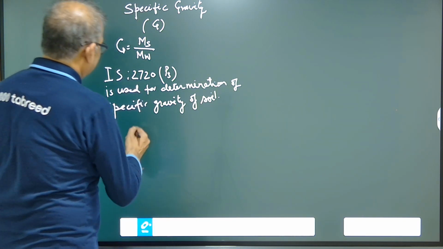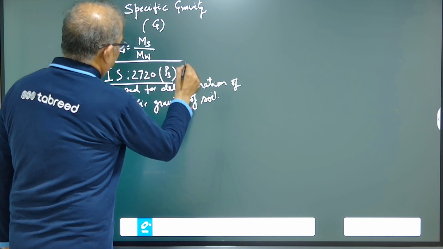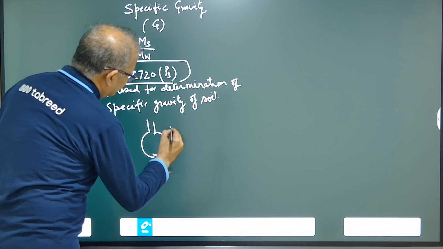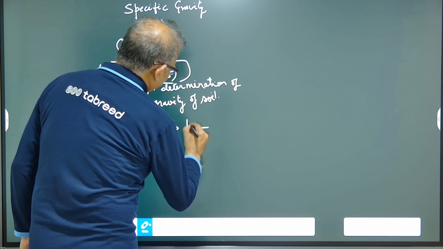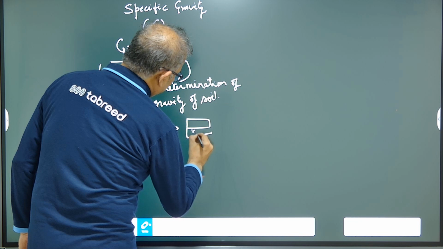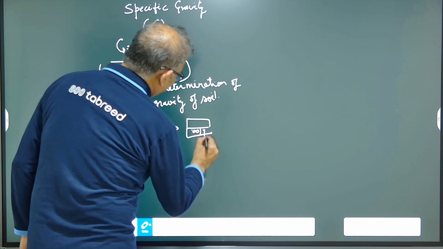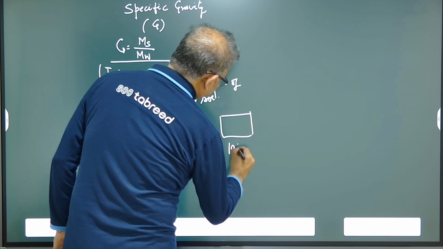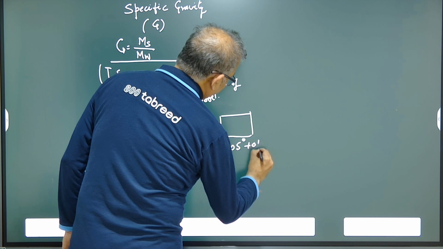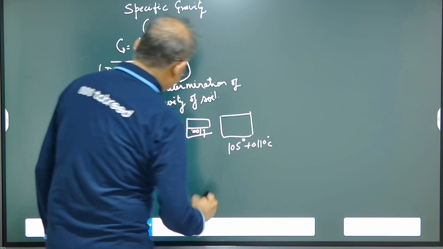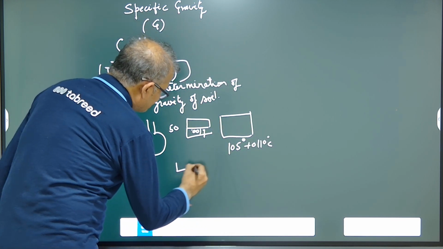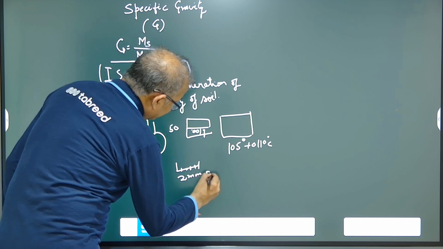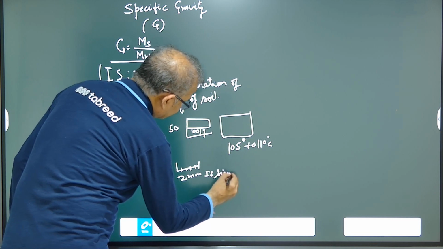As per this code, a density bottle of 50 ml is taken. The weighing balance required has a least count of 0.001 gram, and the sample should be oven dried at 105 to 110 degree centigrade. The soil sample must pass through the 2 mm IS sieve.